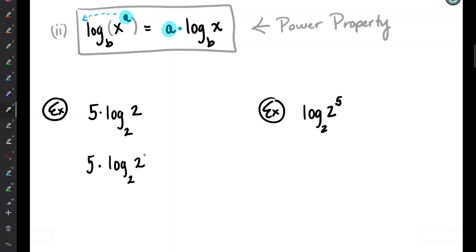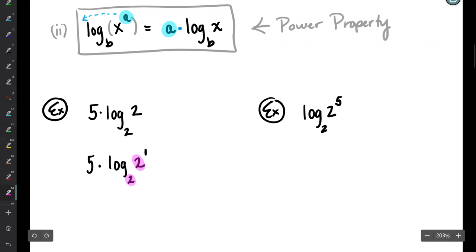It takes in powers of 2 and spits out the exponent. Well, 2 is a perfect power of 2. It's 2 to the 1. Base of the log and the exponent are the same. What is this going to be? It's going to be 5 times 1, which is just 5.